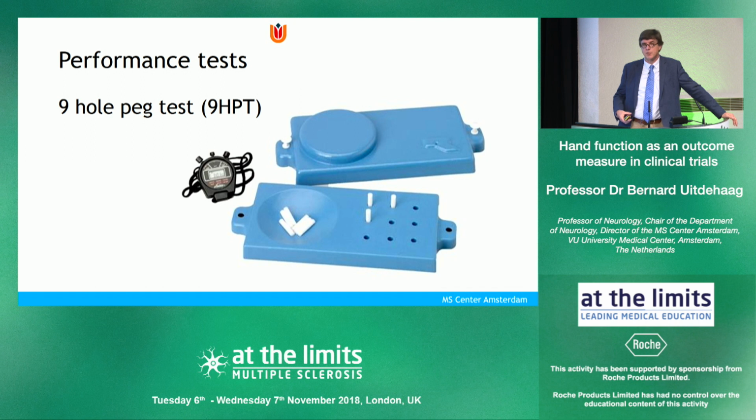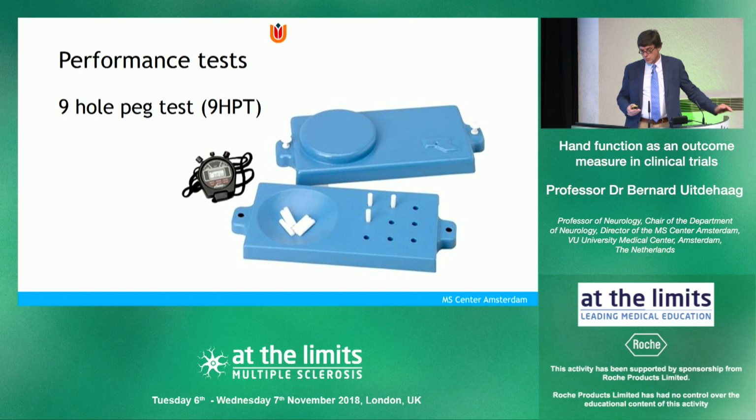So we have performance tests and we have patient-reported outcome measures. With respect to the performance tests, the 9-hole peg test is probably the most widely used for upper limb function. There are more tests, like the box and block test, like coin rotation, which is probably more limited to the fingers. But the 9-hole peg test has been used very often.